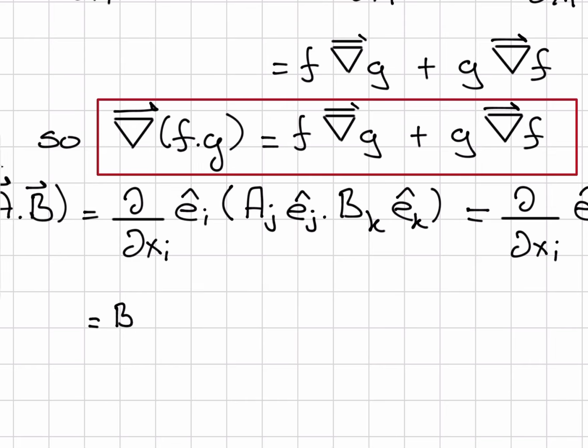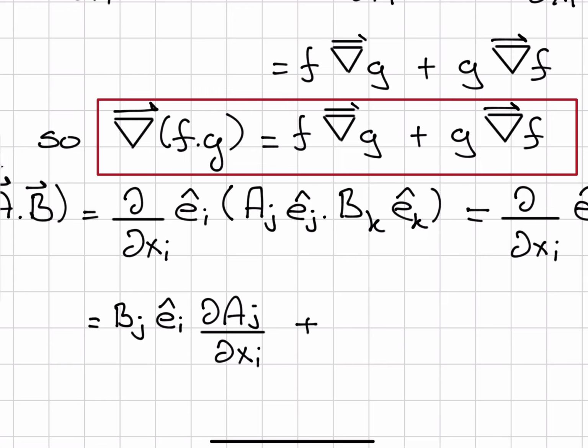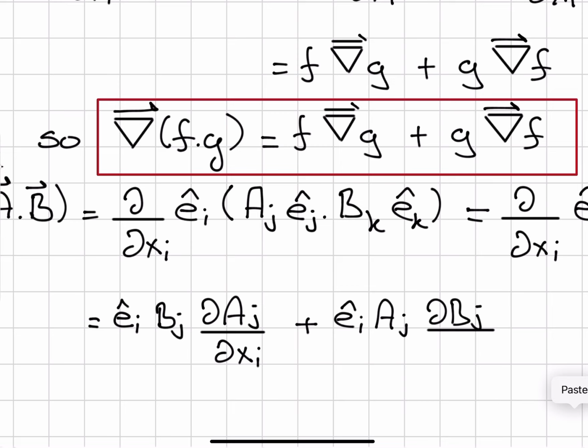This is bj ei hat del aj del xi, and then we have, let's make sure that this ei hat is outside. Ei hat bj del aj del xi plus ei hat aj del bj del xi.